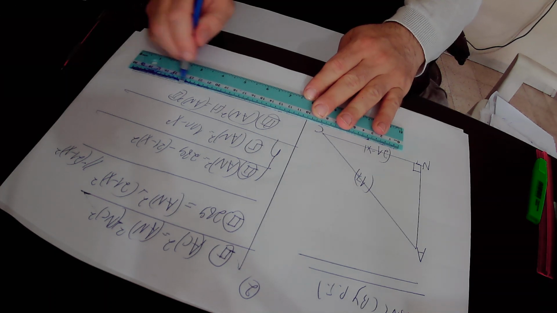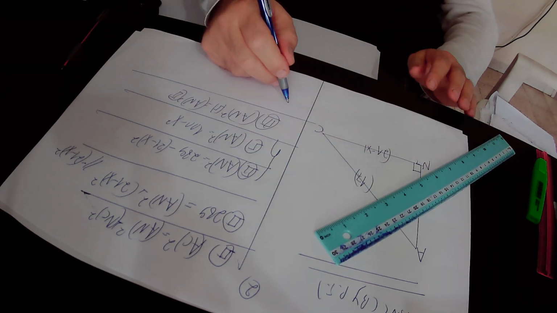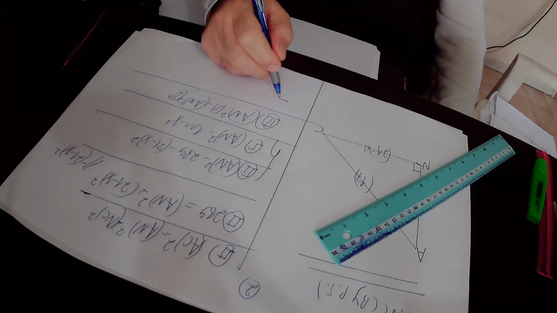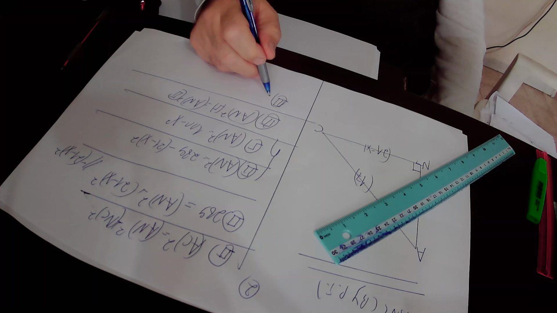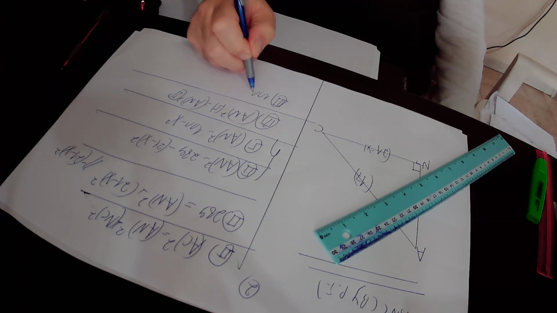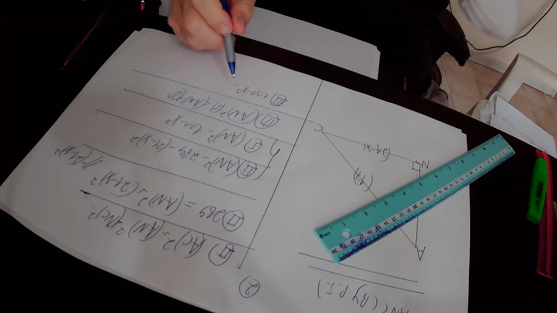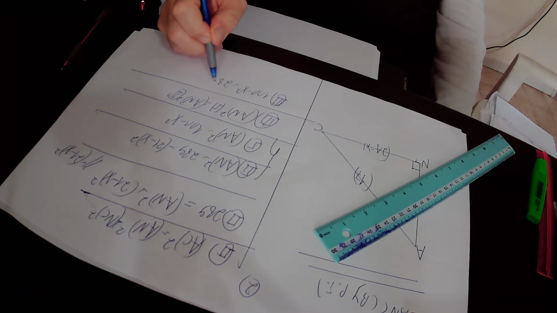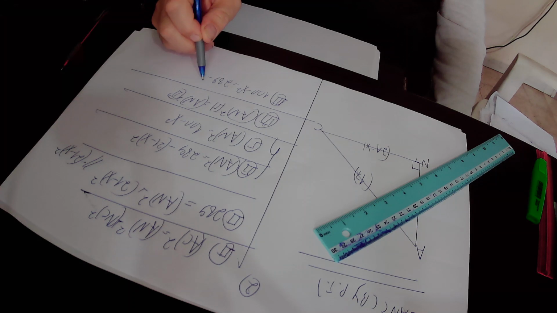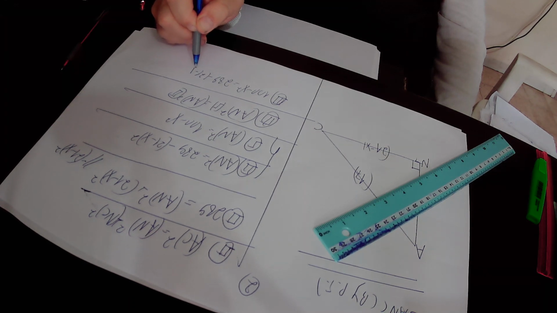AN squared according to equation 1 equals 100 minus x squared, and it must be equal to AN squared according to equation 2, that equals 289 minus (21 minus x) squared.